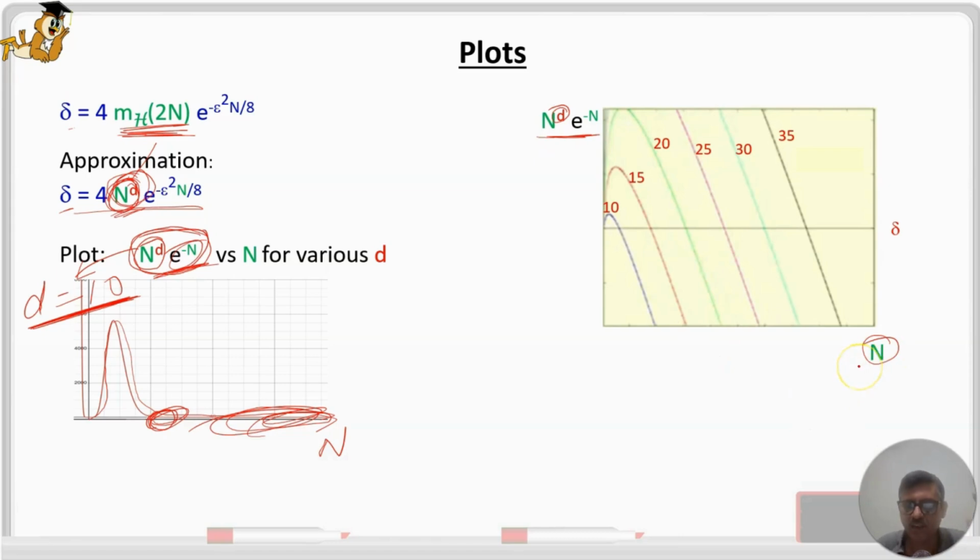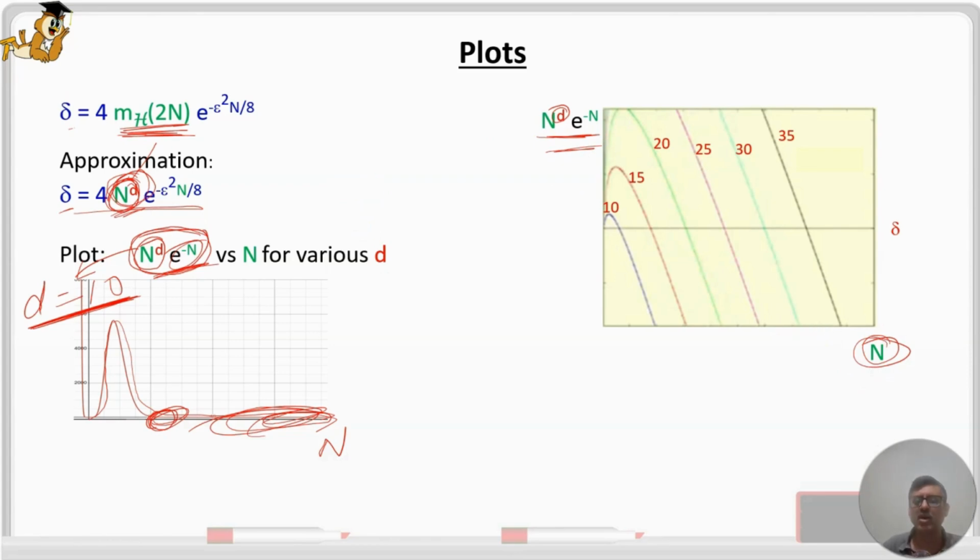I have taken this snapshot in a region of interest for values of epsilon and delta. So you would typically say epsilon is 0.005, delta is 0.002, whatever. Over a broad range of values that are interesting for delta and epsilon, this is the nature of the graph of n to the power d e to the minus n versus n.